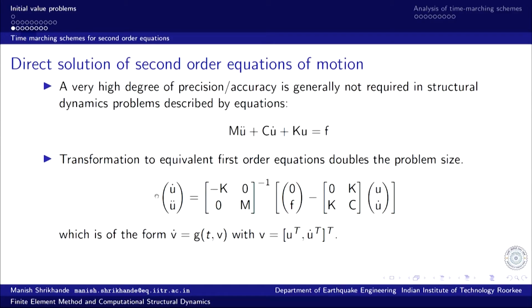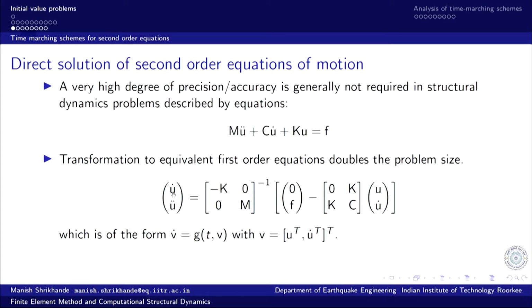Now, this second order differential equation, as I mentioned earlier, can be converted into an equivalent first order equation by using the state space approach. We can transform these into an equivalent first order equation just by saying the state vector v is u and u dot.